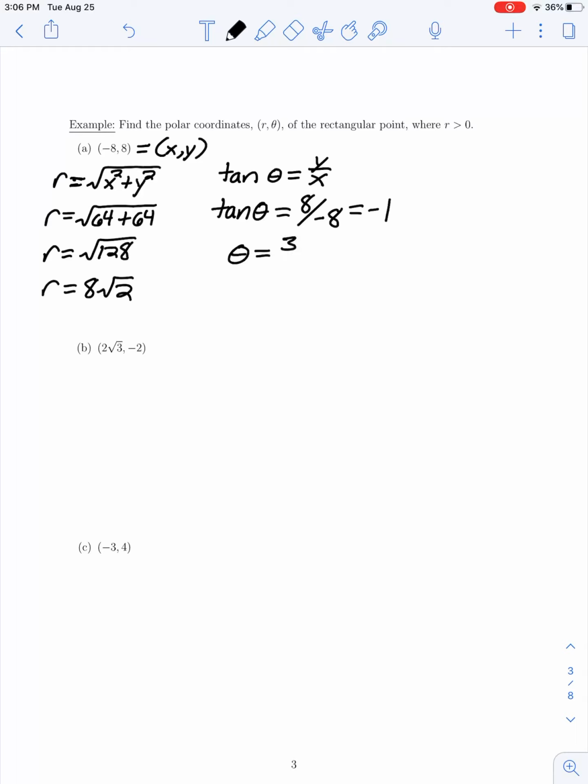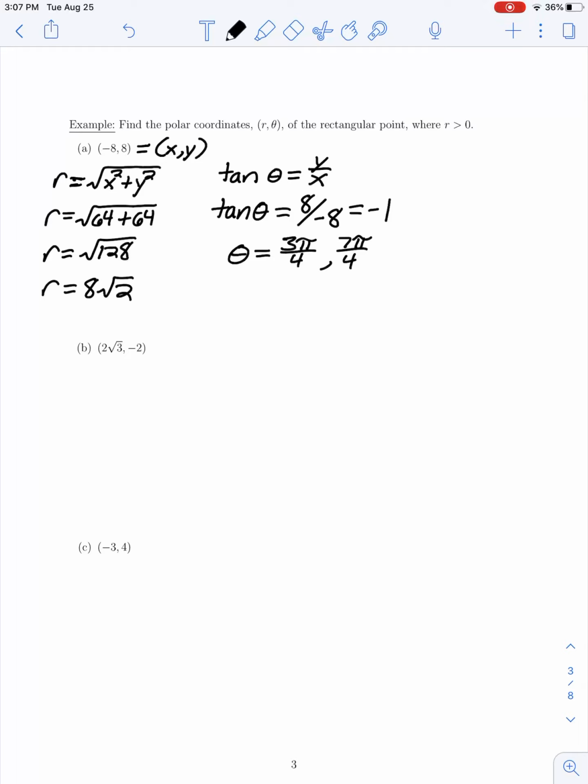So one option would be the angle 3 pi over 4, or another option would be the angle 7 pi over 4. We're either in quadrant 2 or quadrant 4 in order for x and y to have opposite signs.